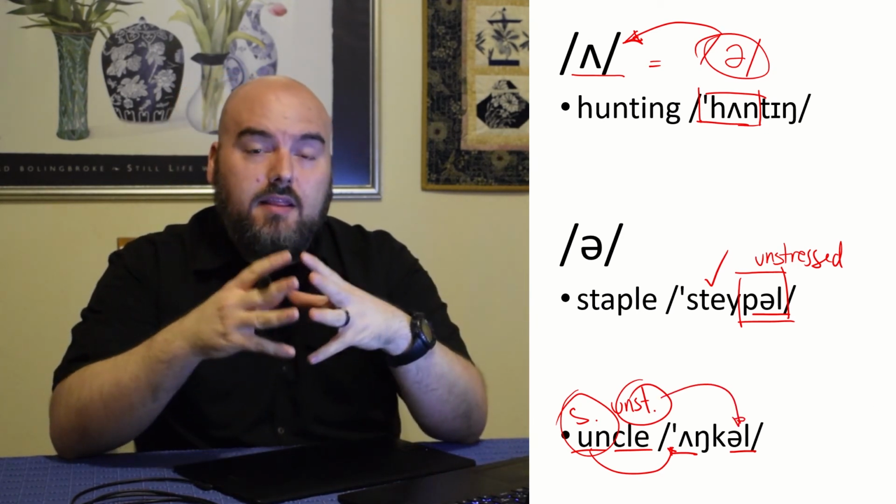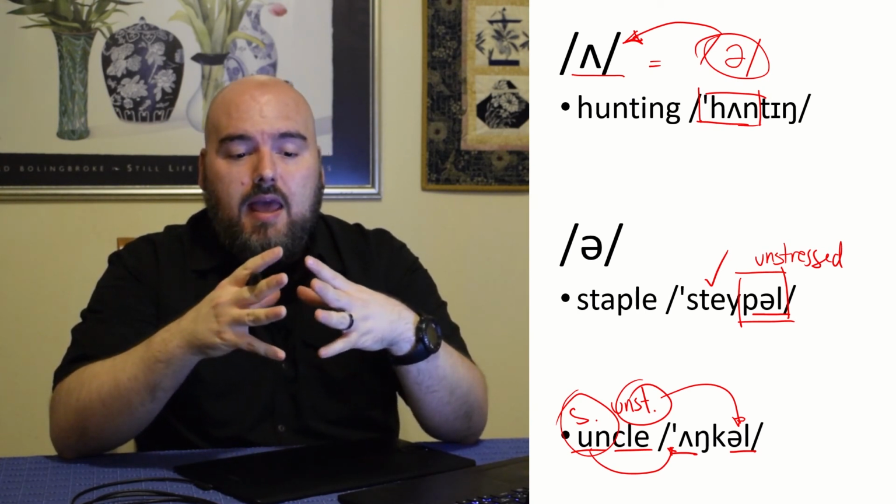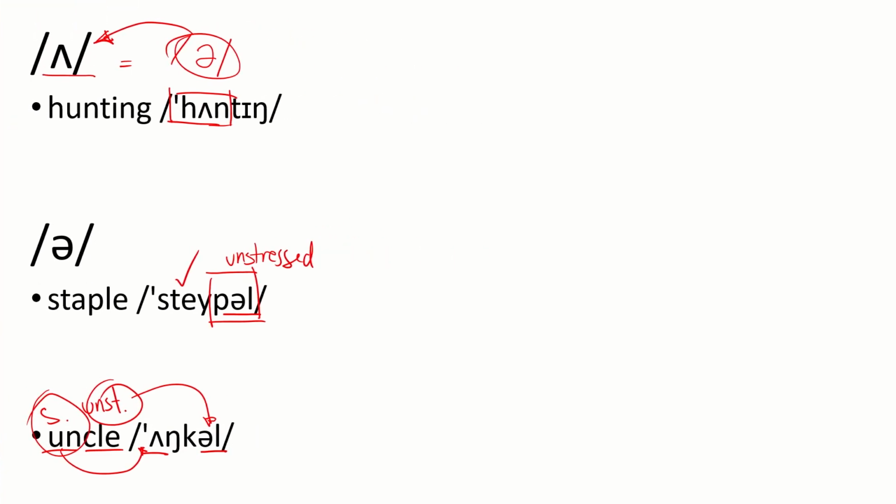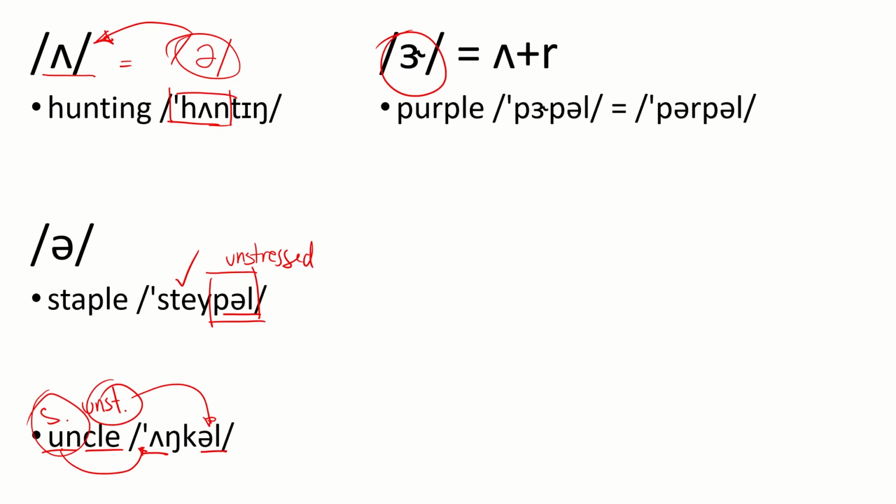If we were to take the R-colored schwa and it is stressed, in some dictionaries you will find it as that. It's that sound, like, for example, the stressed schwa plus the R, and that's the symbol. It's like a little 3 with a little tail, with a hook. And if you look at it, it occurs like that.